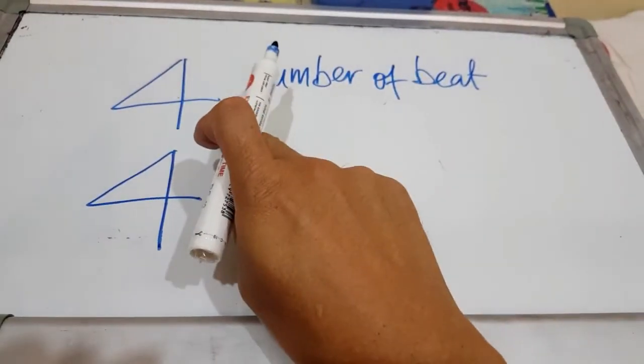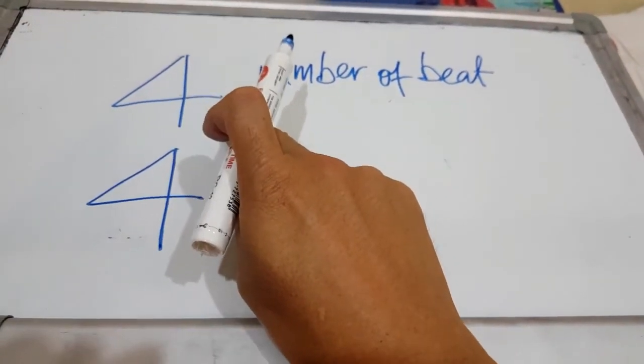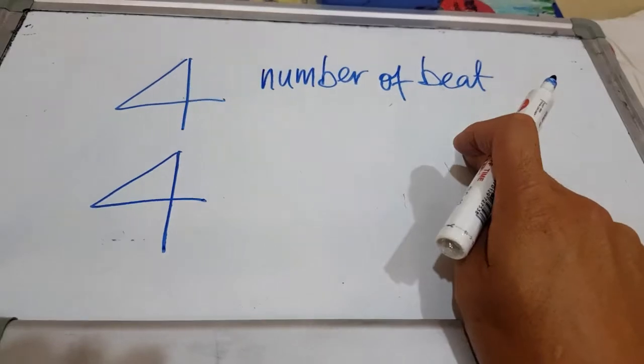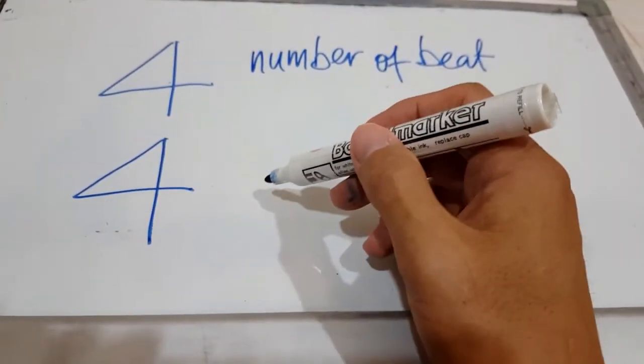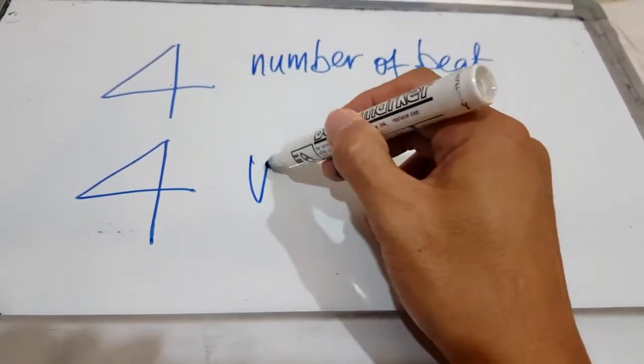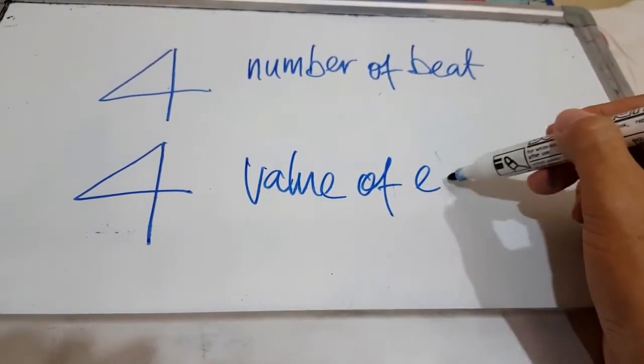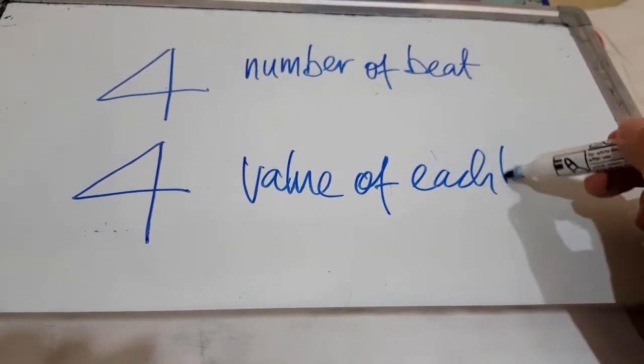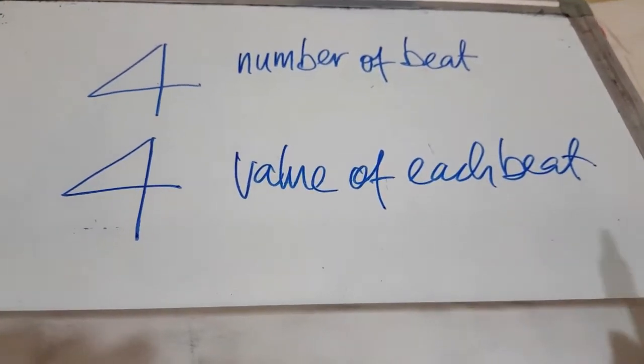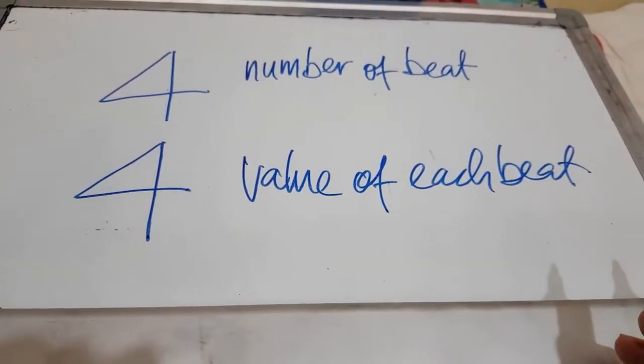And the number at the bottom means the value of each beat.